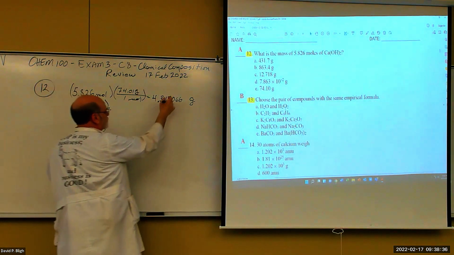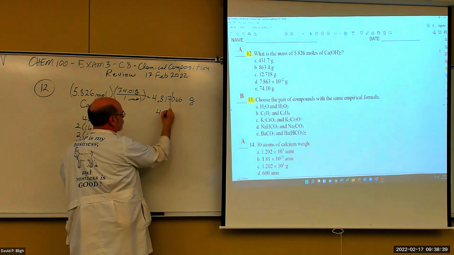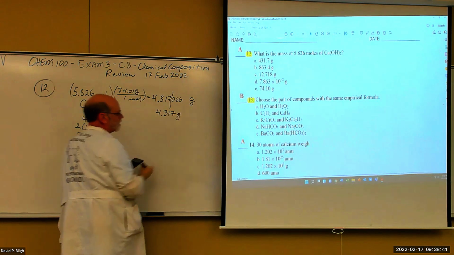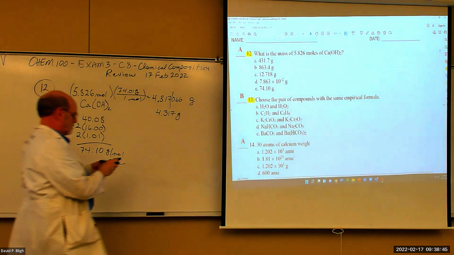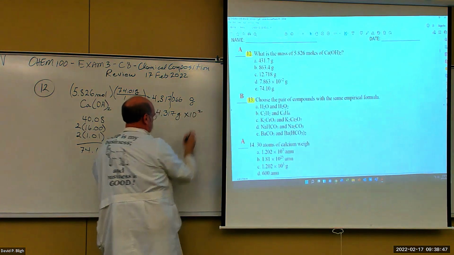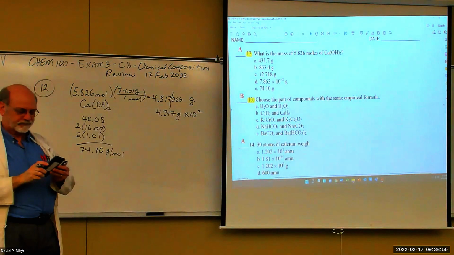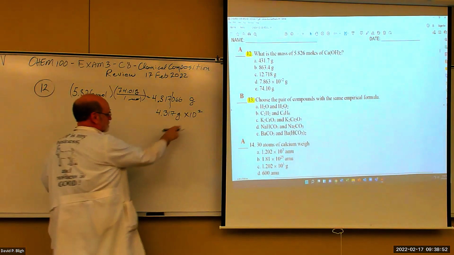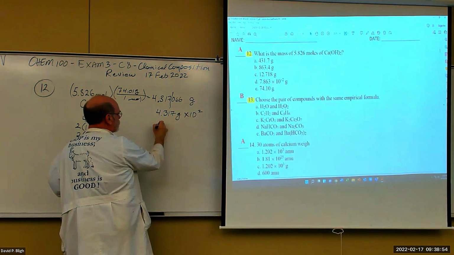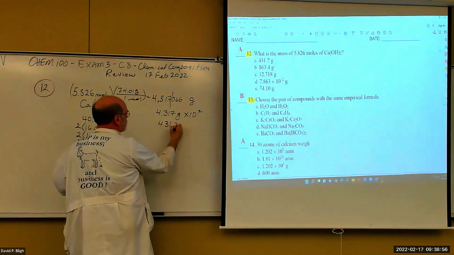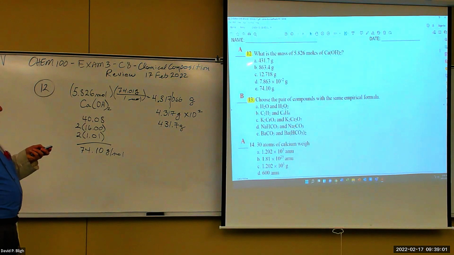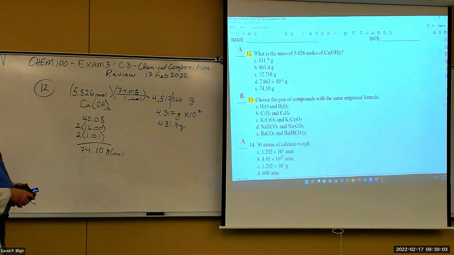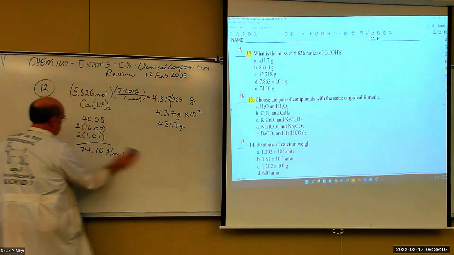And we can keep 4 of them. So 4.317 grams. Is that a choice? Oh, excuse me. Check my calculator. It's times 10 squared, so that would be 431.7 grams. There it is. All right, that's 12.